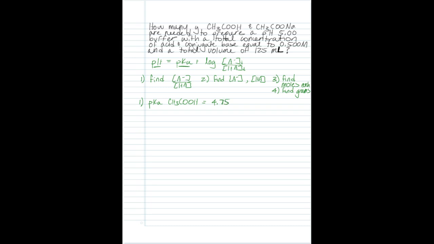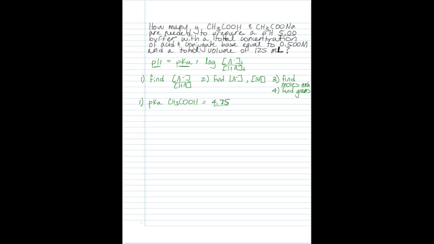Okay, so let's think about this. Our pH is going to be higher than the pKa of our acid. And so what needs to be in higher concentration, the acid or the conjugate base?